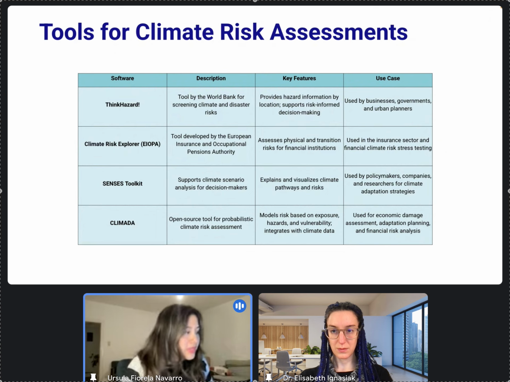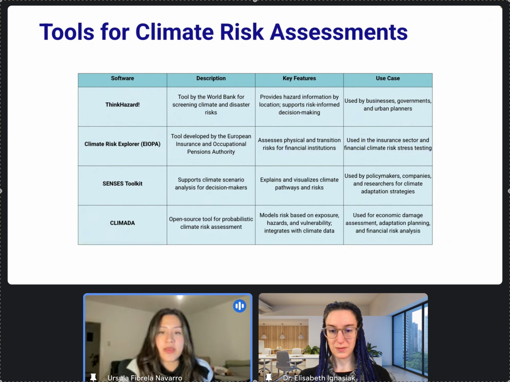We also have Climada, and this in particular represents a climate adaptation tool, and it uses a probabilistic model that allows us to calculate the potential avoided damages in case you perform a certain risk reduction plan, for instance.